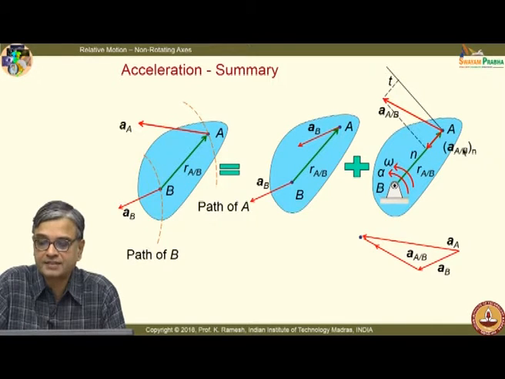I have this as AABN and I have a tangential component. I put this component here. I have AABN and I have AABT. I can get the relative acceleration.